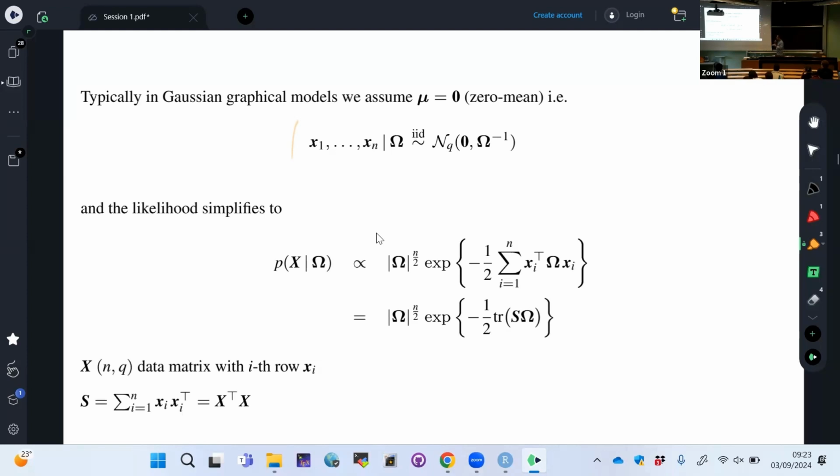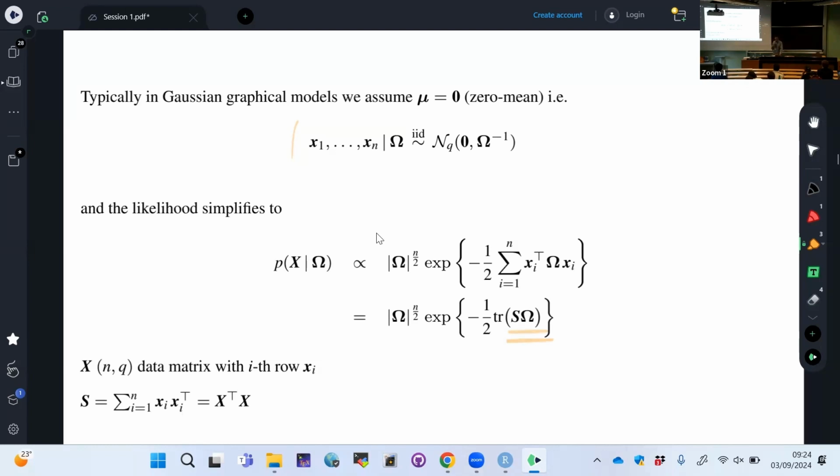If this is the case, we can simplify a bit the likelihood function. We don't have mu anymore, which is equal to the null vector. And so the likelihood becomes proportional to the determinant of omega to the n over 2 times exp of what is written there. Then, using also properties of the trace operator, which is a very useful property, the same can be written as the exp of minus 1 over 2 times the trace of S times omega. And what is this matrix S?